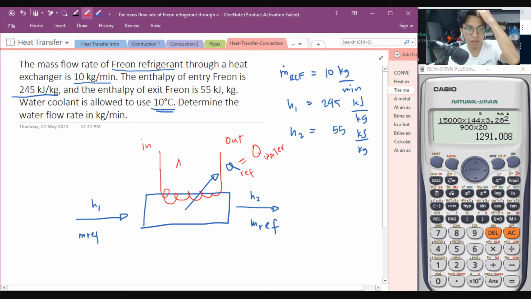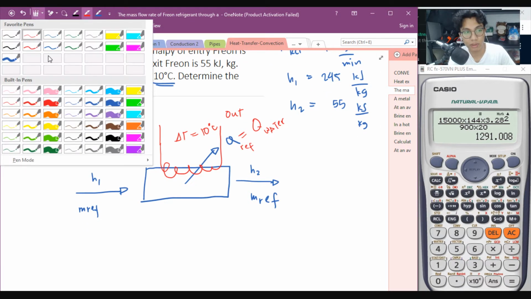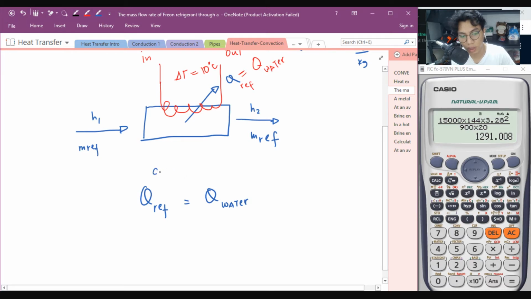Ngayon, meron tong delta T na 10 degrees Celsius. Paano natin nahanapin yan? By equation, okay, we can say that the heat transferred from the refrigerant is equal to the heat that is absorbed by your water. Sir, alam po ba natin yung CP ng refrigerant? Hindi natin alam. Okay?